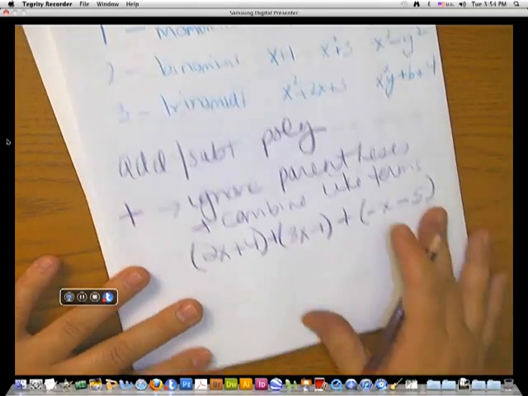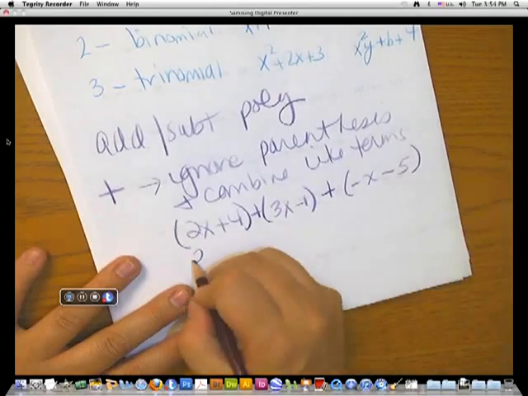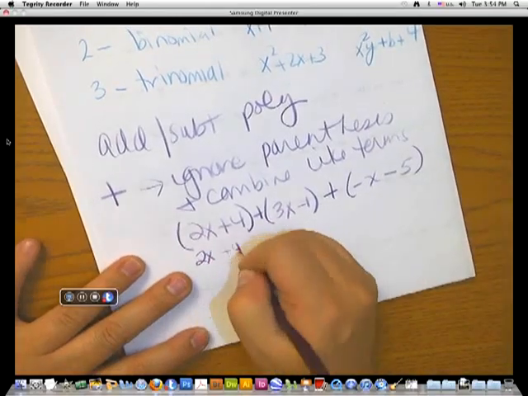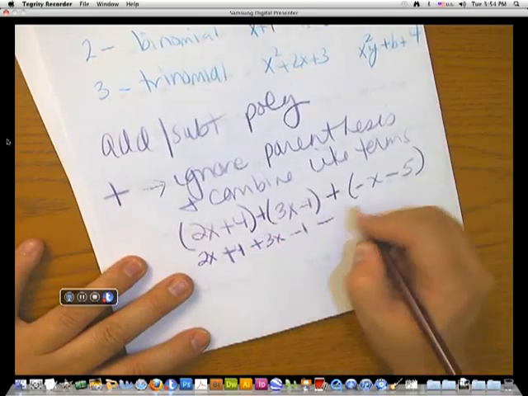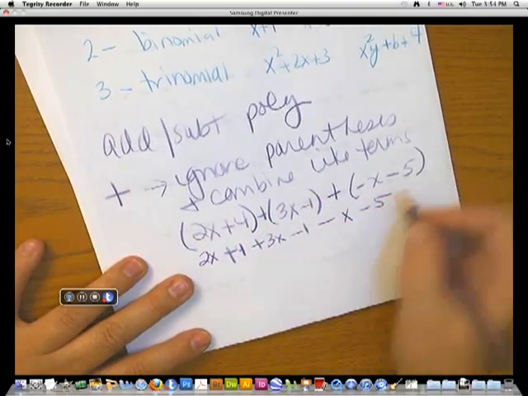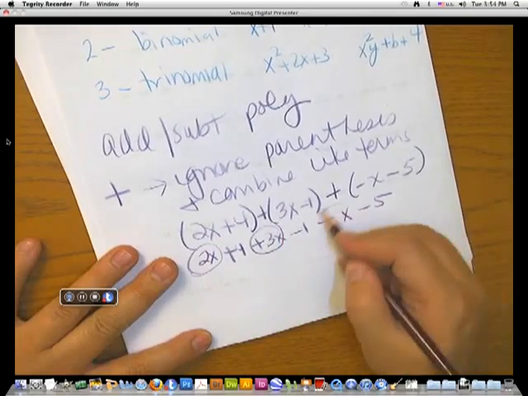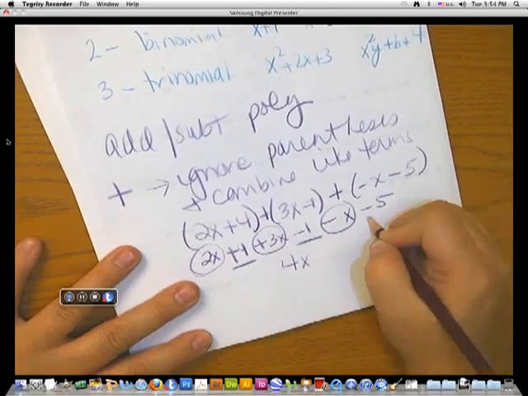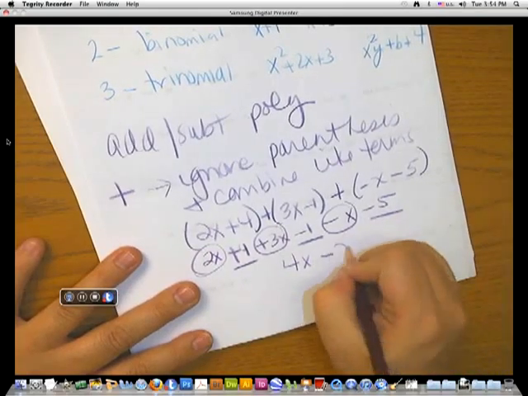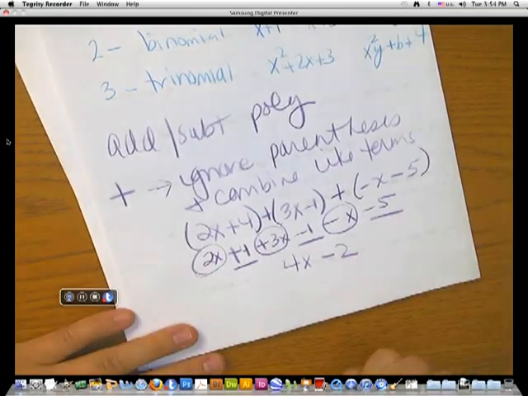So when we have all pluses, we don't care about parentheses. All we care about is what is alike. X's go together, numbers go together. And you're done.